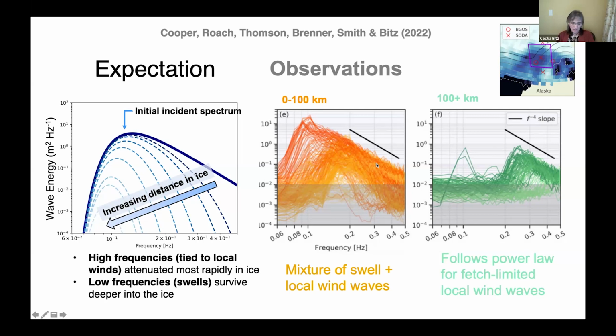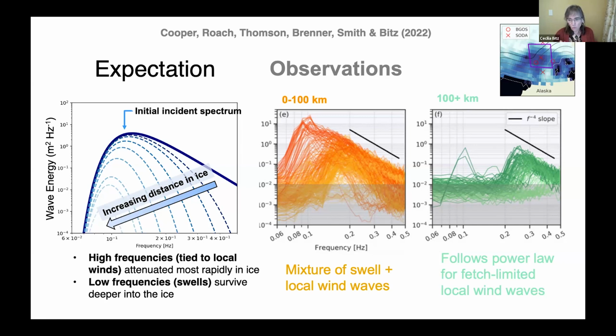And that really suggested that, in fact, there's a lot of wind energy introduced in the marginal ice zone that may need to be rethought, in terms of how little open water can still allow wind waves to be introduced.